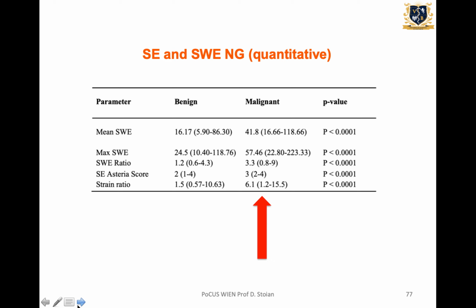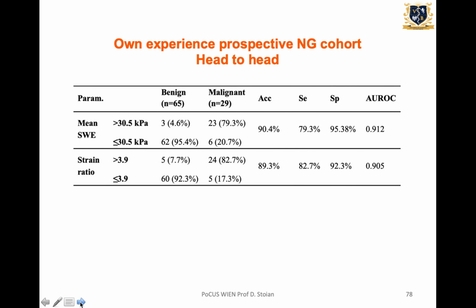When compared head-to-head, regardless if you are using the mean elasto, the maximum one, the strain ratio, the Asteria score in strain elasto, or the strain ratio, we have significant differences between the mean values in malignant lesion versus the mean values in the benign lesions. And regardless if you are using shear wave with this type of threshold or strain with this type of threshold, both accuracy for strain and shear wave when combined with conventional ultrasound is excellent.